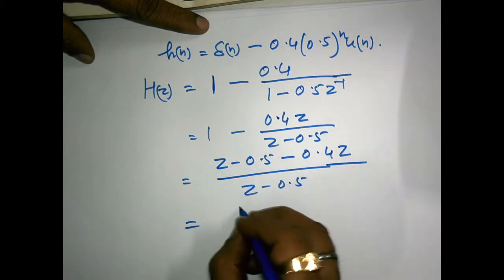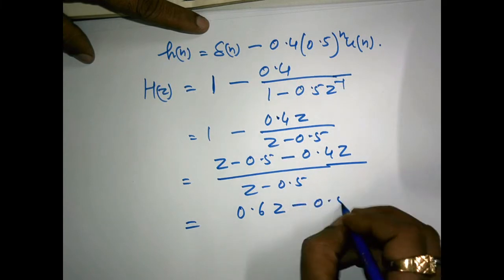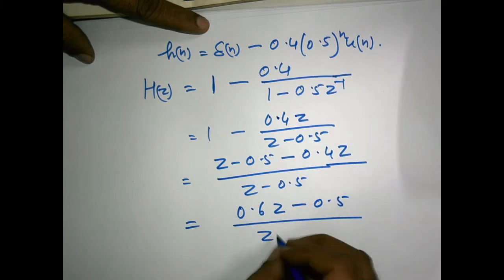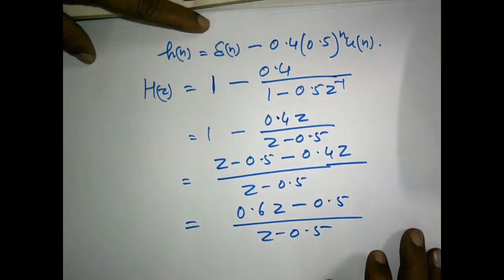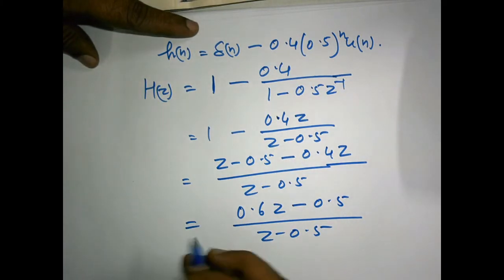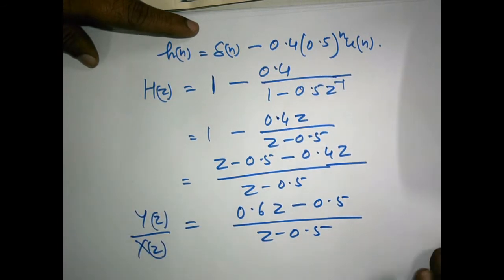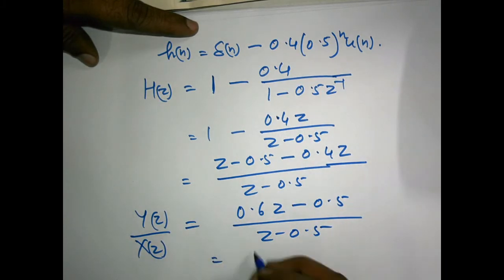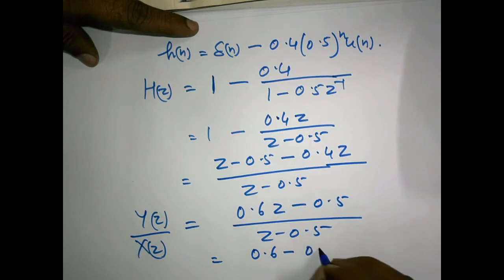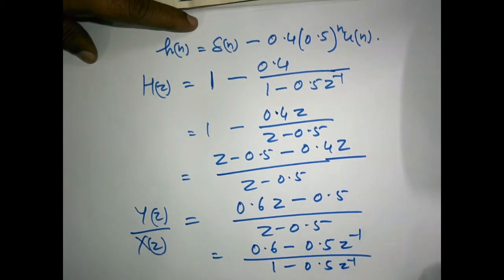So this is (0.6 z − 0.5)/(z − 0.5), which is Y(z)/X(z), and this can further be written as (0.6 − 0.5 z^-1)/(1 − 0.5 z^-1).